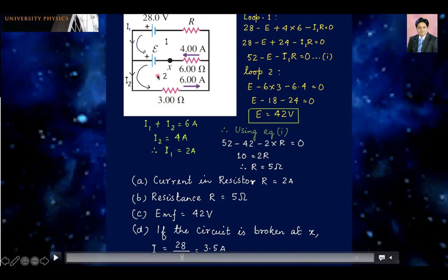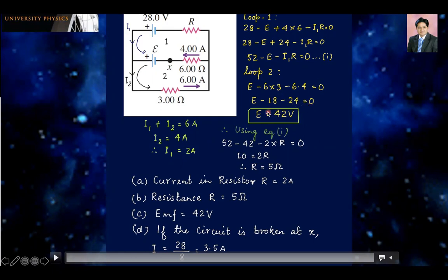So this is E minus 6 times 3, and then when you go up, minus 6 times 4, because again here, you have the voltage drop because you're moving in the same direction as that of the current. So you have both the equations. You have the first equation here, which gives you 52 minus E minus I1R is equal to 0. And then you have the second equation, which says E minus 18 minus 24 is equal to 0.